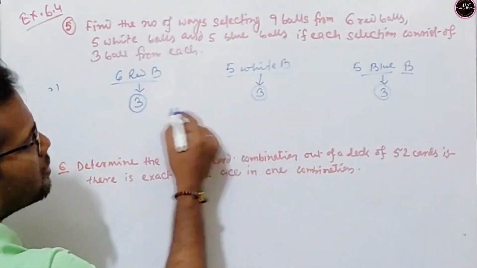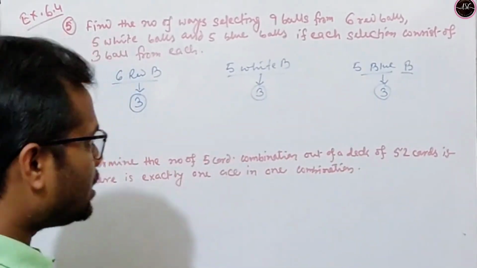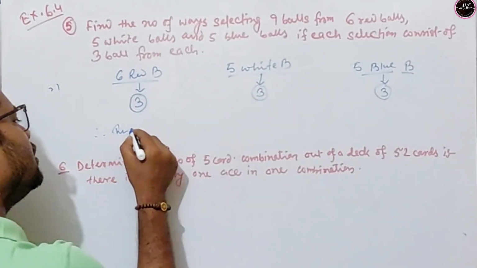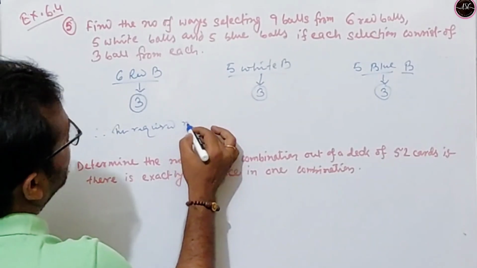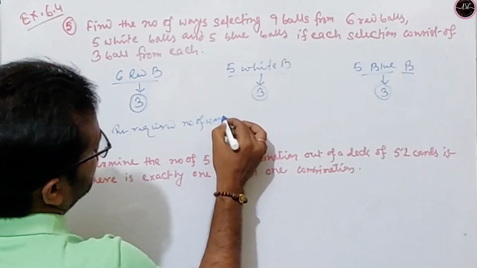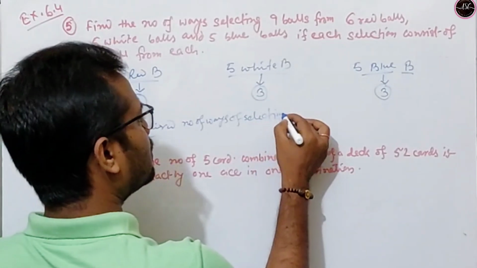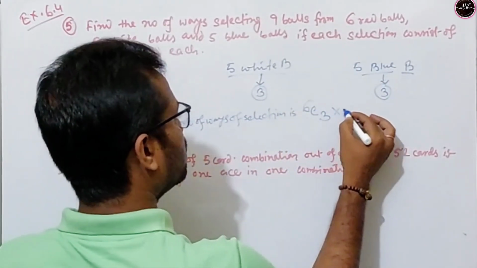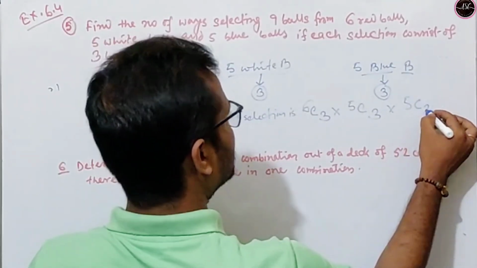Therefore total selection 3 plus 3 plus 3, that means 9 balls. So the required number of ways of selection is 6C3 into 5C3 into 5C3.